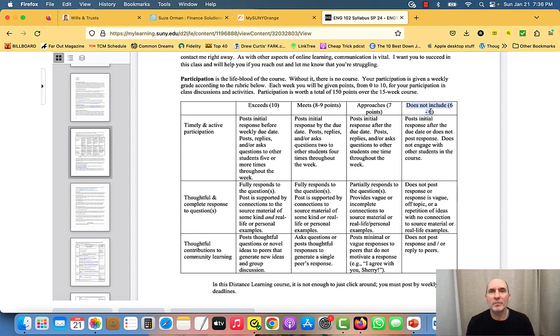And what all these columns basically say is, are you engaged? Are you participating? And very importantly, are you in dialogue with other students in the class? That's crucial for this class, to be communicating with each other, talking to each other about the works, talking to me too, but talking to the students is really important in this class.